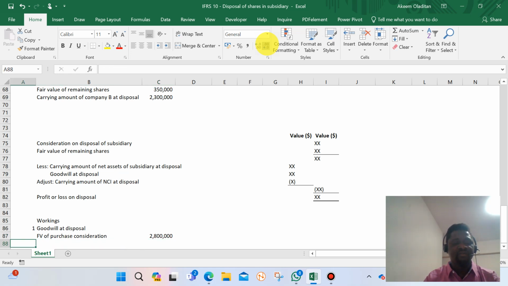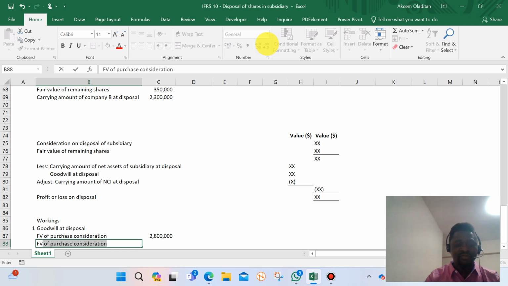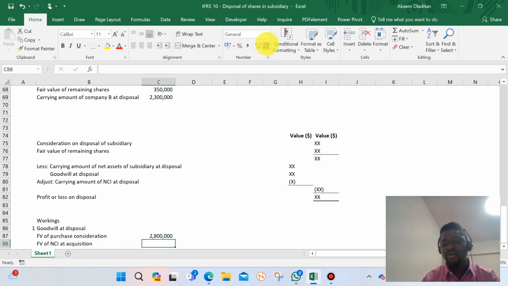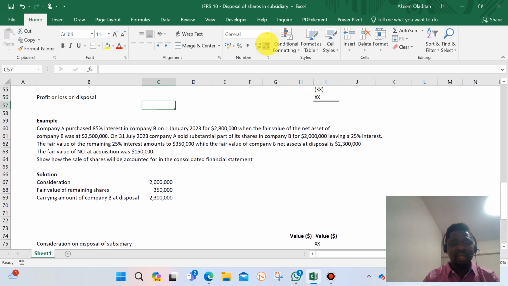So what is the fair value of purchase? So now we have that. Then what is the fair value of NCI at acquisition? Don't forget how we used to do our goodwill on business consolidated financial statement. So fair value of NCI at acquisition, we have in the question.